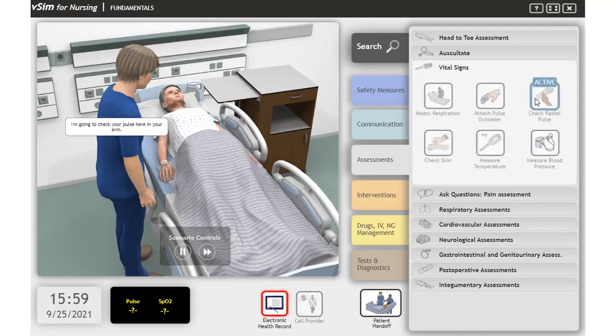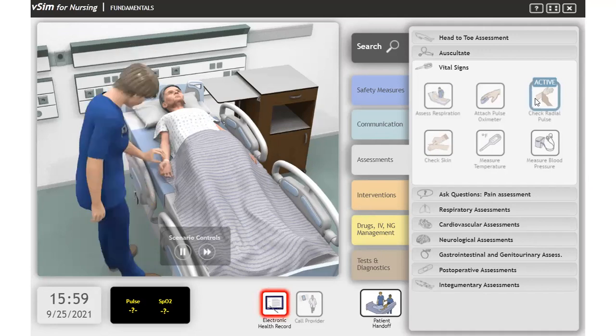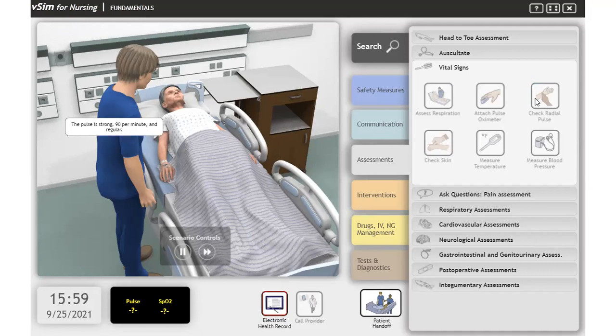I'm going to check your pulse here in your arm. The pulse is strong, 90 per minute and regular. I need to check your blood pressure. You will feel tightness around your arm as I inflate the cuff.